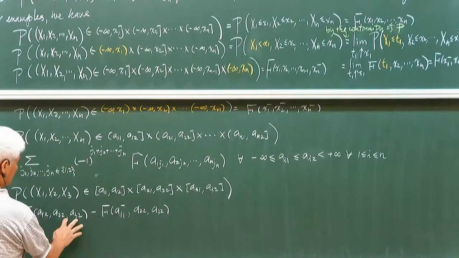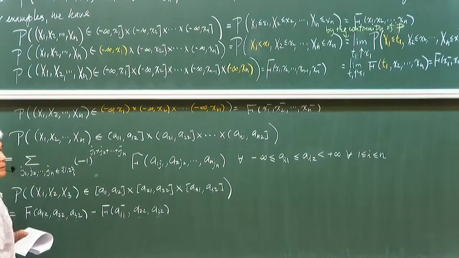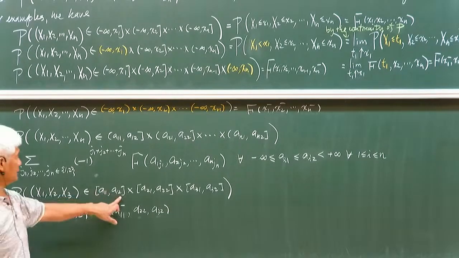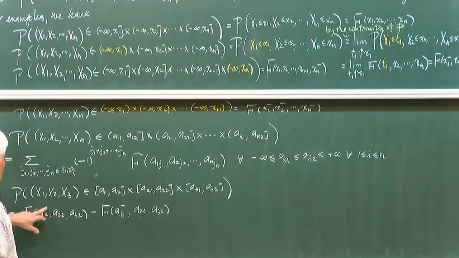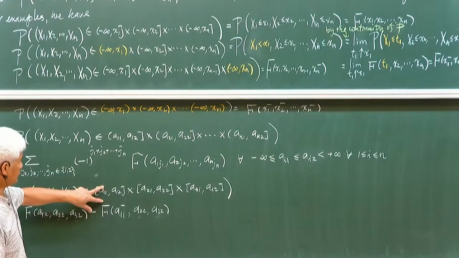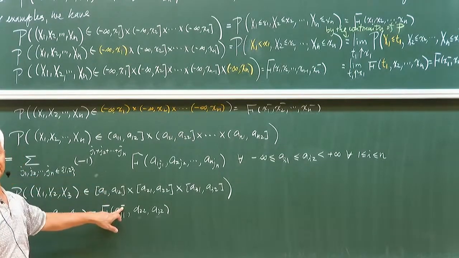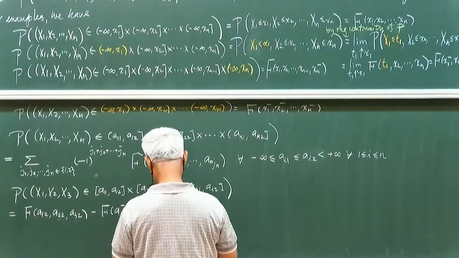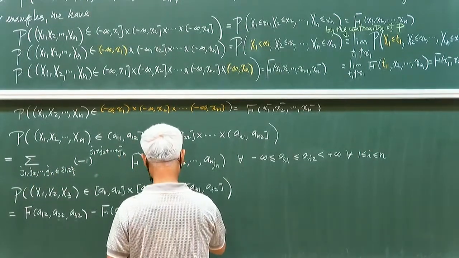Okay? So these two remain the same, but when we replace A12, so this is the right end, okay? Replace it with the left end for the first interval, then we have to put the left limit. Okay. Similarly, we have 3 such cases.